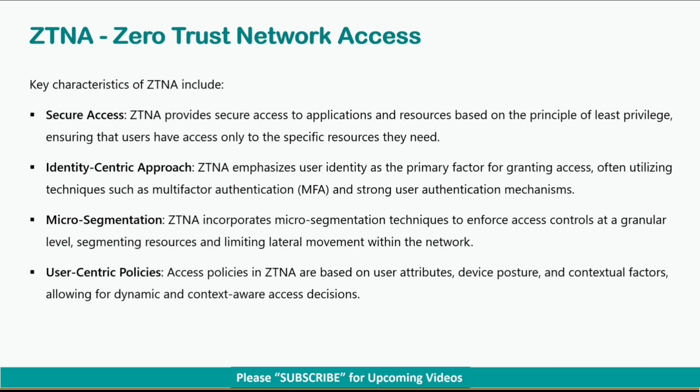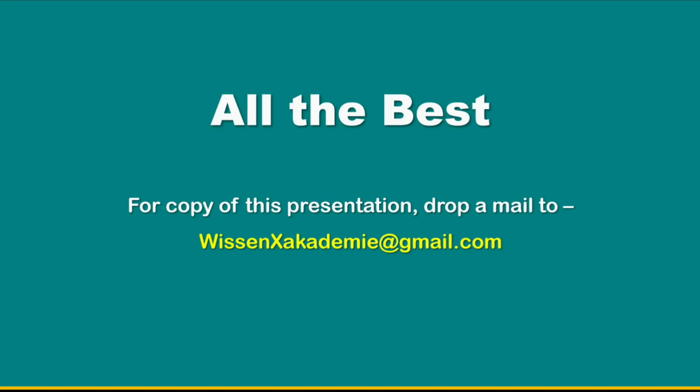Next, it provides microsegmentation. ZTNA incorporates microsegmentation techniques to enforce access controls at a granular level, segmenting resources and limiting lateral movement within the network. And lastly, it provides user-centric policies. Access policies in ZTNA are based on user attributes, device posture, and contextual factors, allowing for dynamic and context-aware access decisions.